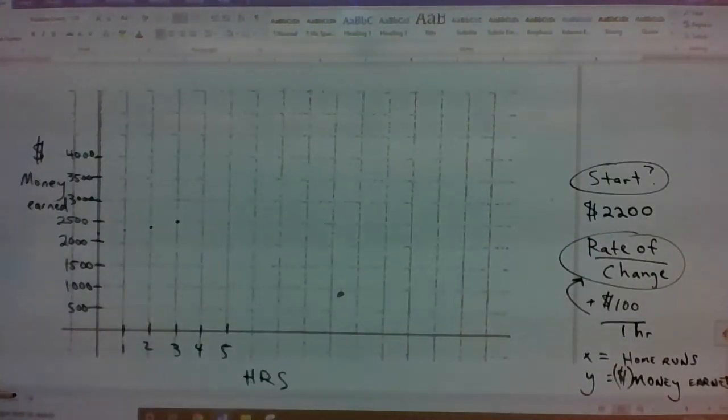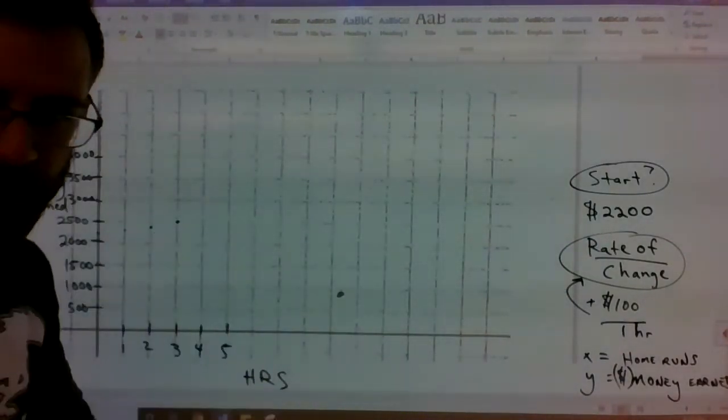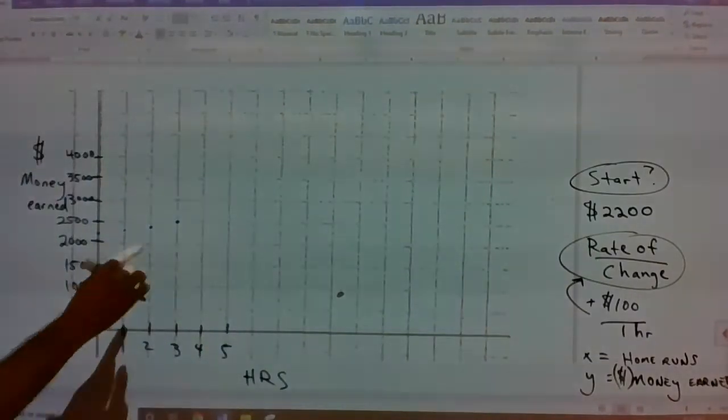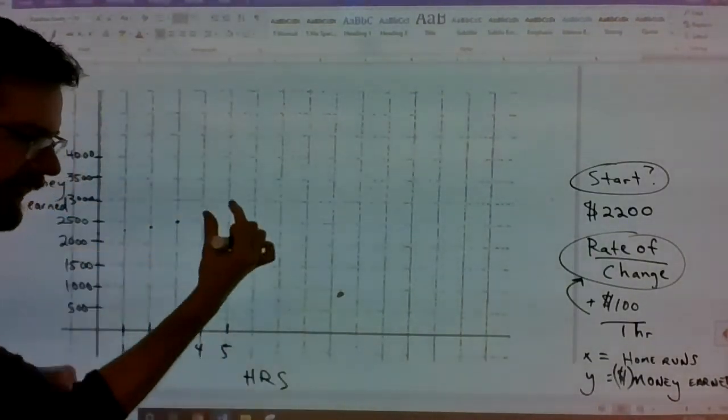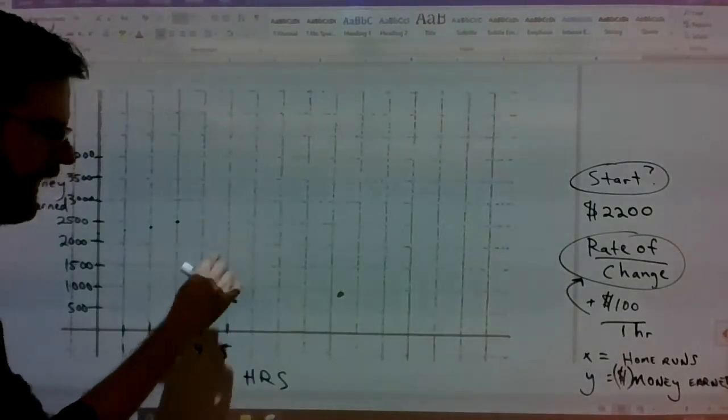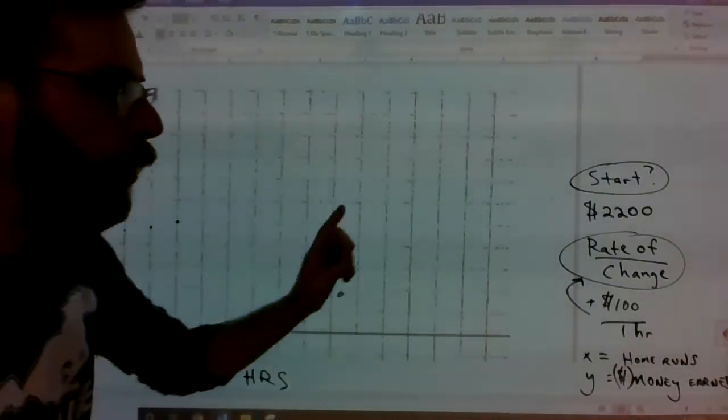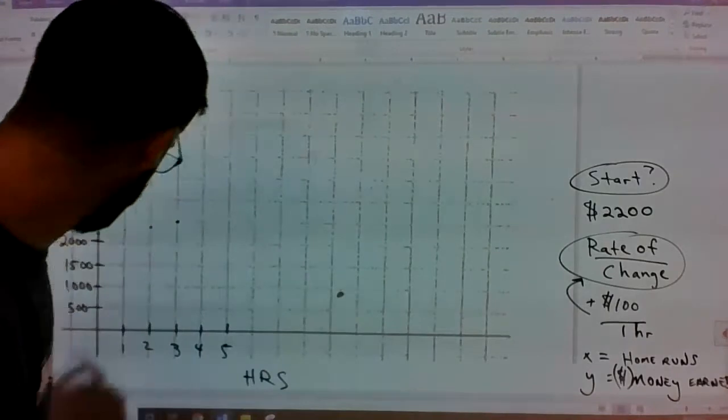So, here's what you could do if you want to plot points that are exactly on the corners of these little grid boxes: you can say, what's equivalent to 100 over 1?